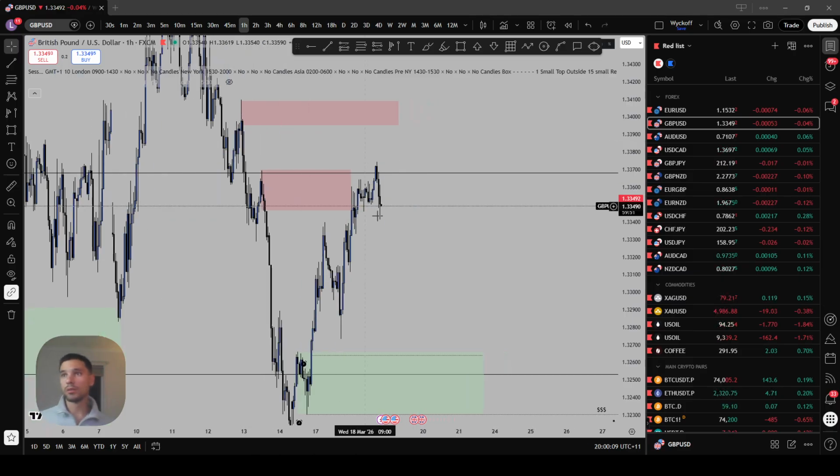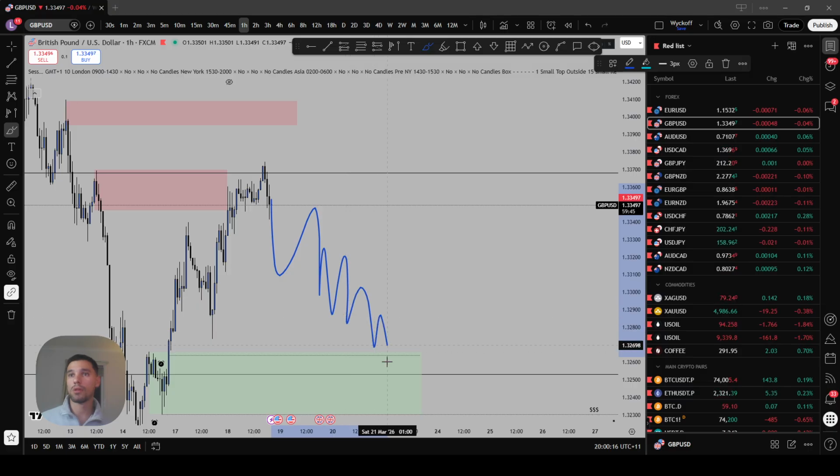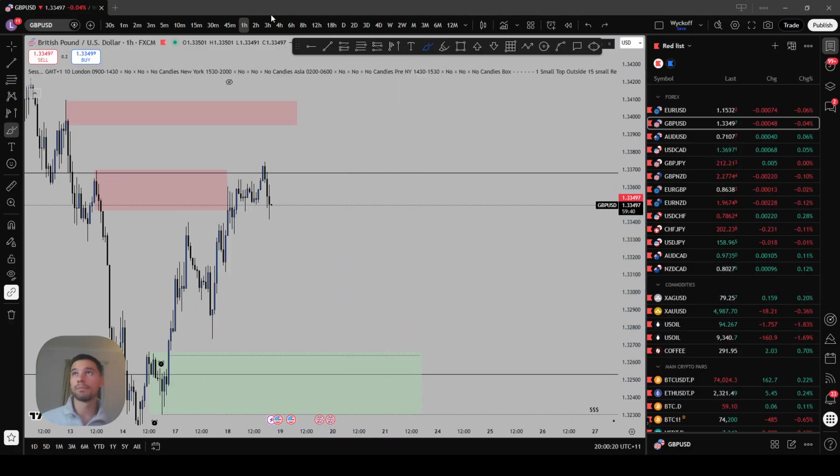Still kind of wanting price to do some form of a slow retracement back down into these liquidity and demand POIs, then break structure back up.